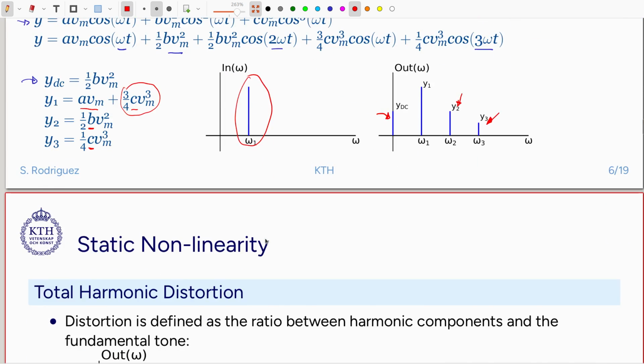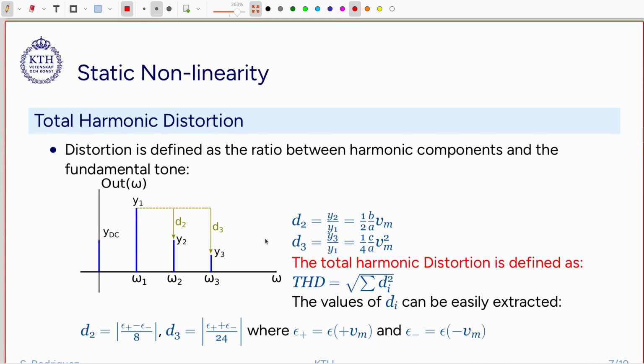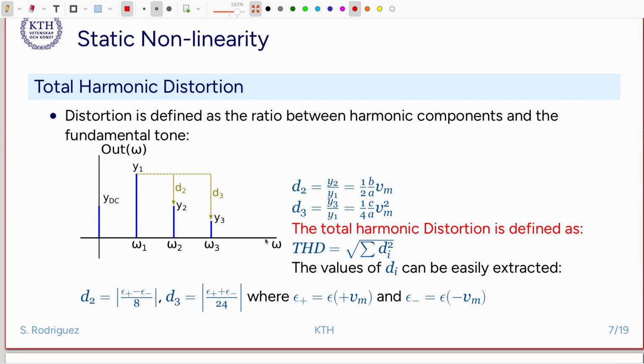These tones that appear at the output are going to degrade the signal quality, so we have to define a figure of merit that allows us to quantify this error, this non-ideality in our amplification, and for that we have one that is called the total harmonic distortion. For the total harmonic distortion, what we define is distortion levels. We take, for example, these two distortions, the second order and third order distortion.